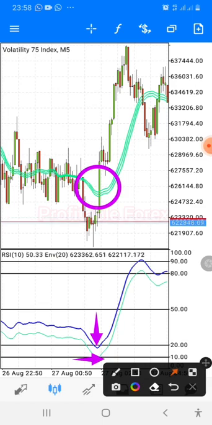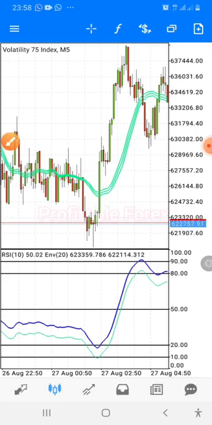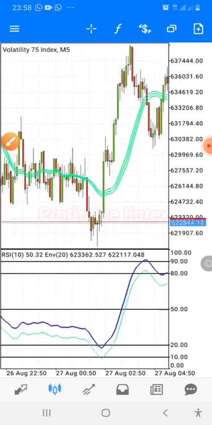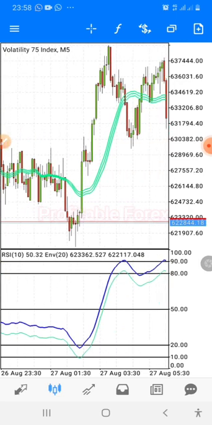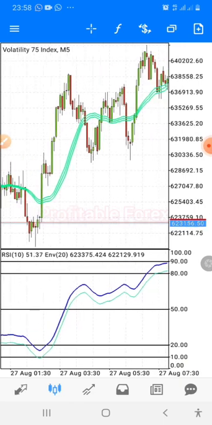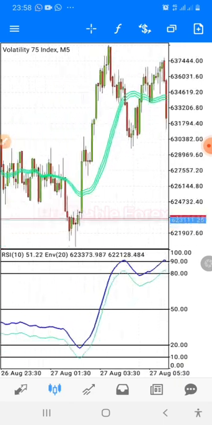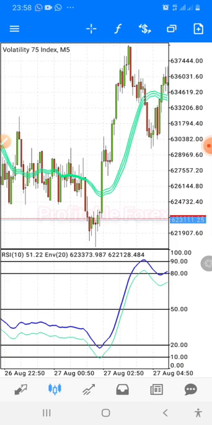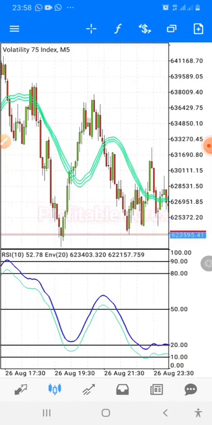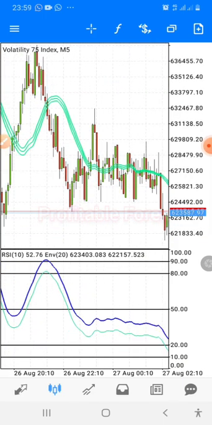Note that in checking these things, move your chart across the page to see if these bands leave the support or the resistance zone. If they move, do not take that trade. Make sure it is stable, like we have this one here.